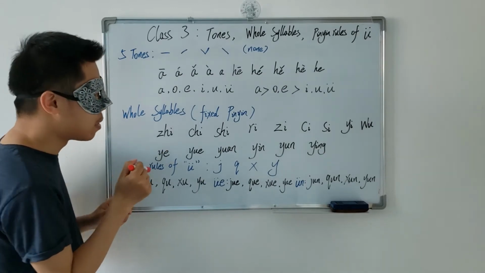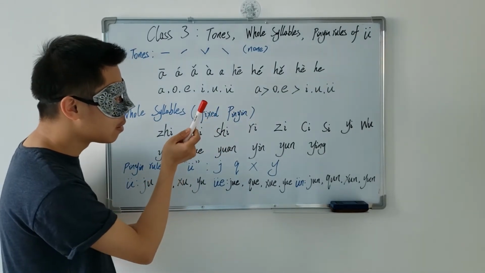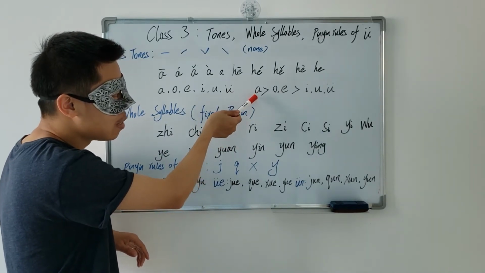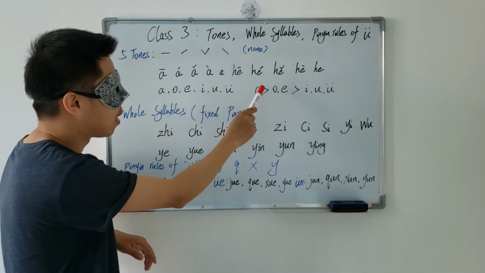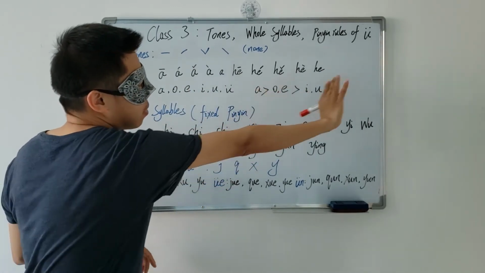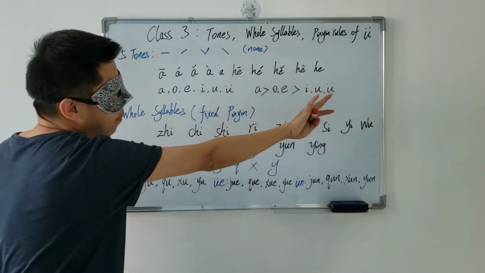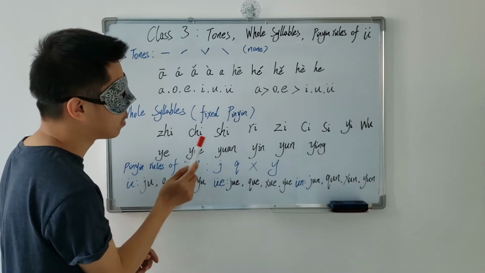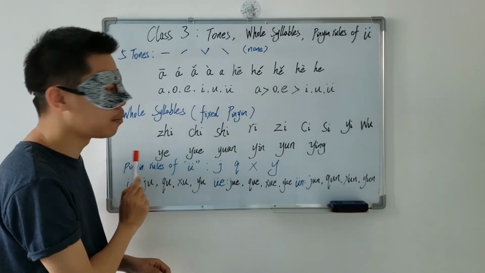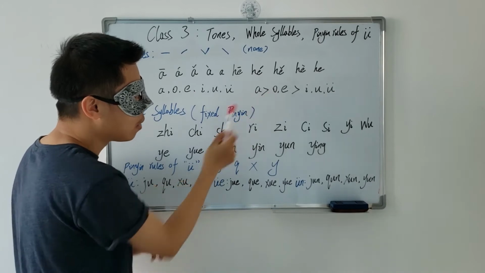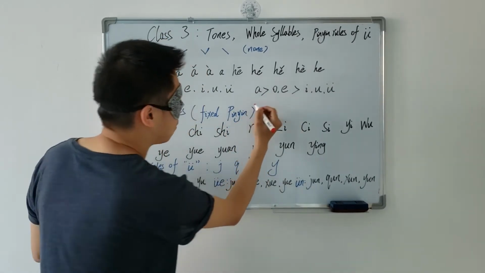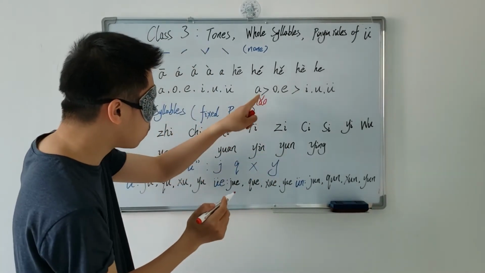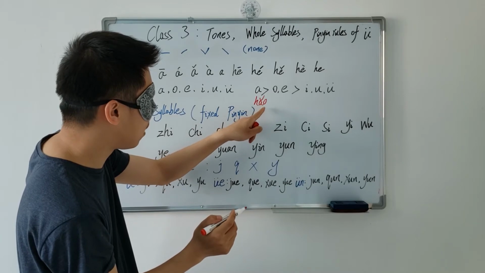And also, if the pinyin has the letter a, then you always put the tone on top of a. Don't care about the rest of the 5 letters. So a always has the priority. For example, the pinyin hao: you see there's letter a, also letter o.